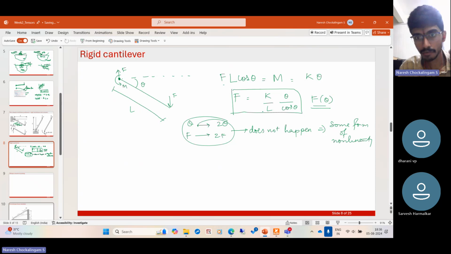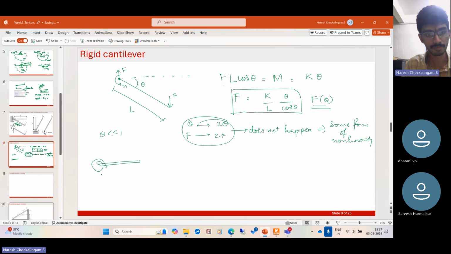Okay. So here, what is the kind of nonlinearity? F is equal to k by L, theta by cos theta. But if you don't consider the deformed configuration, and you just establish the equilibrium, assume that theta is very, very small, that is the usual assumption of linear structural analysis, linear elasticity.